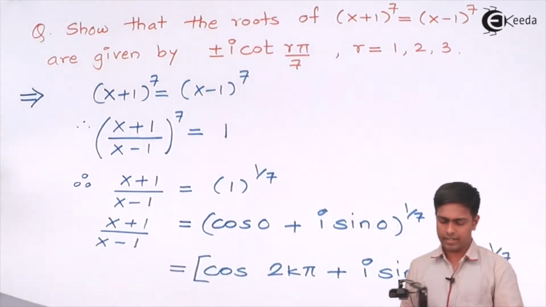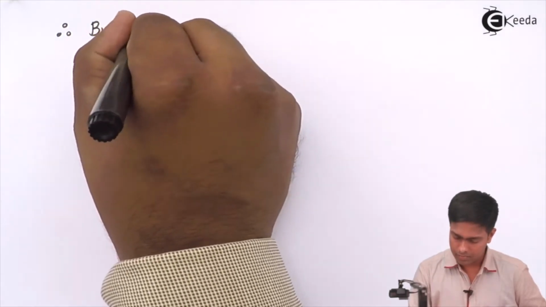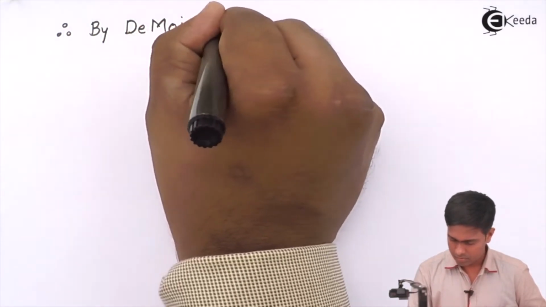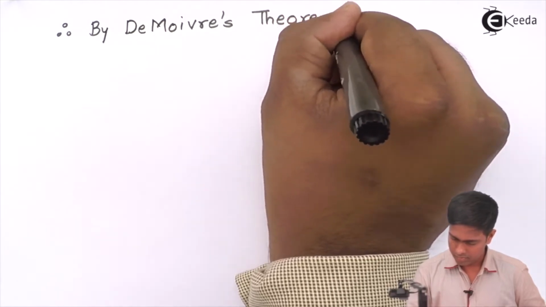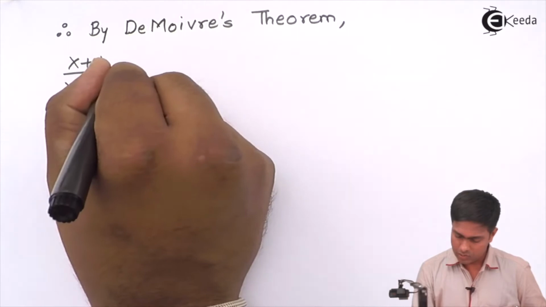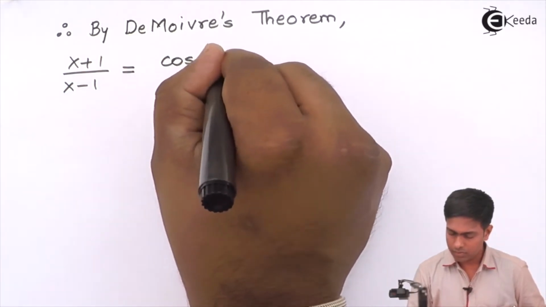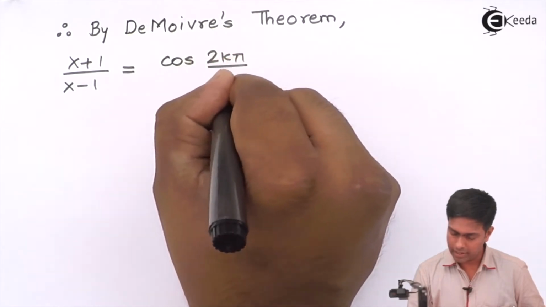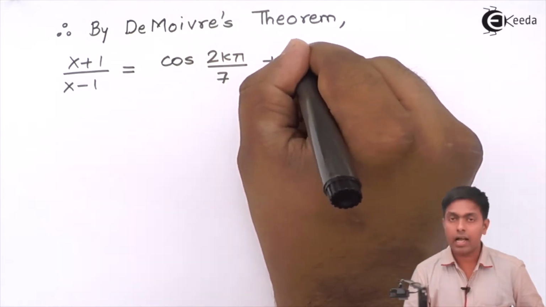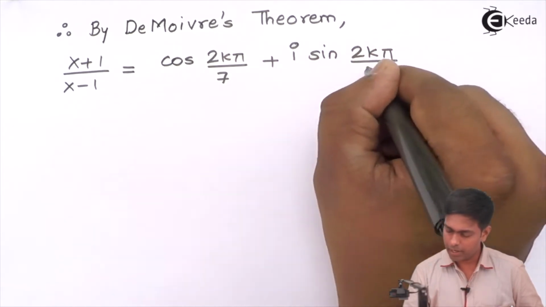So therefore, x plus 1 upon x minus 1 is equal to cos 2k pi by 7 plus i sin 2k pi by 7.